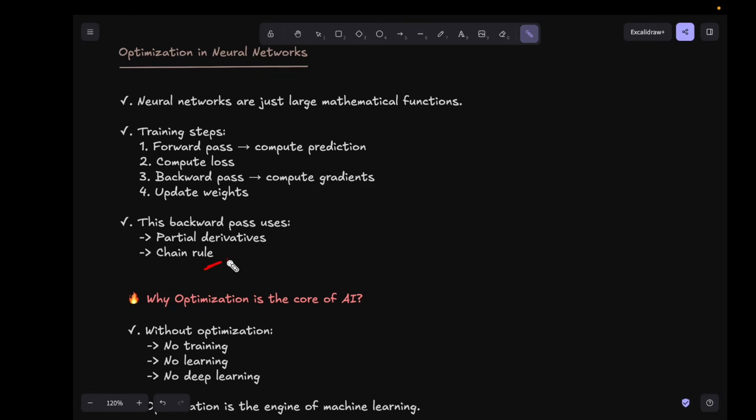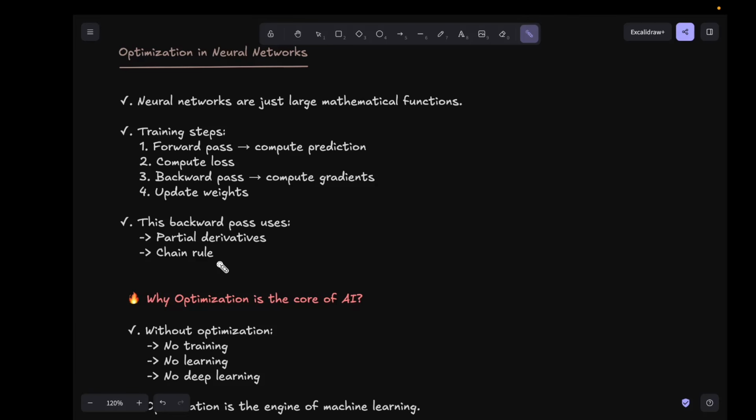In neural networks there are many modules working together. By using the chain rule, if we handle every module step by step or part by part, it becomes very easy to get the output or calculate the model.